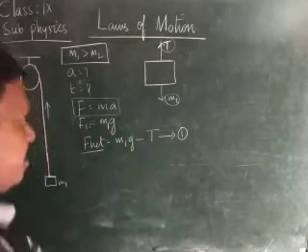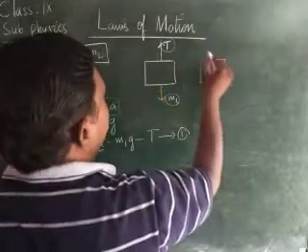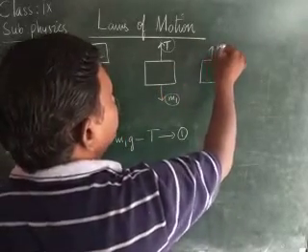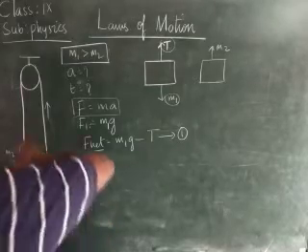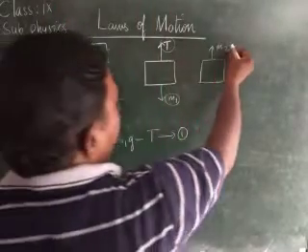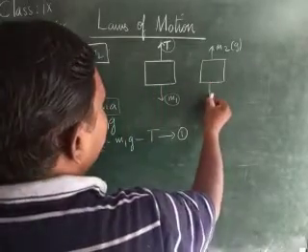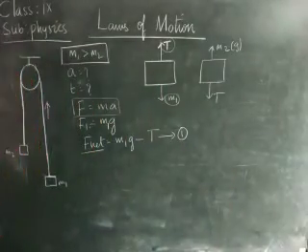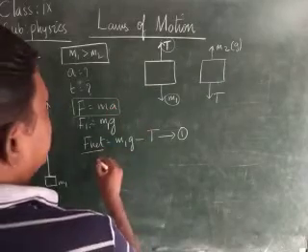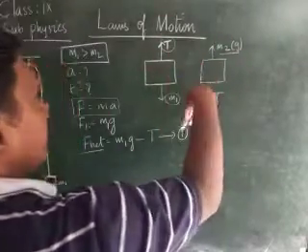In the same way, here m2 is moving upwards, therefore m2g we can take, and the string is applying force in the upward direction.